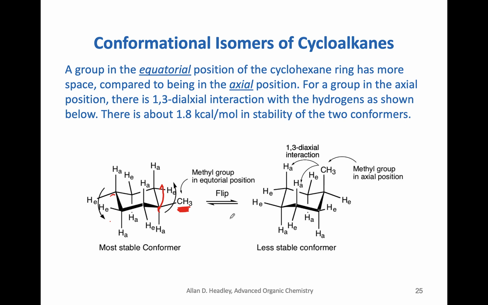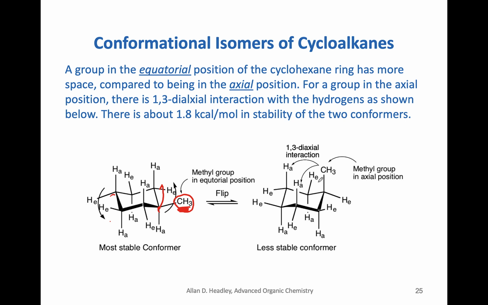The question now becomes, in methylcyclohexane, which is what this is, is the conformer that has the methyl group in the equatorial position more stable or less stable than the conformer that has the methyl group in the axial position?